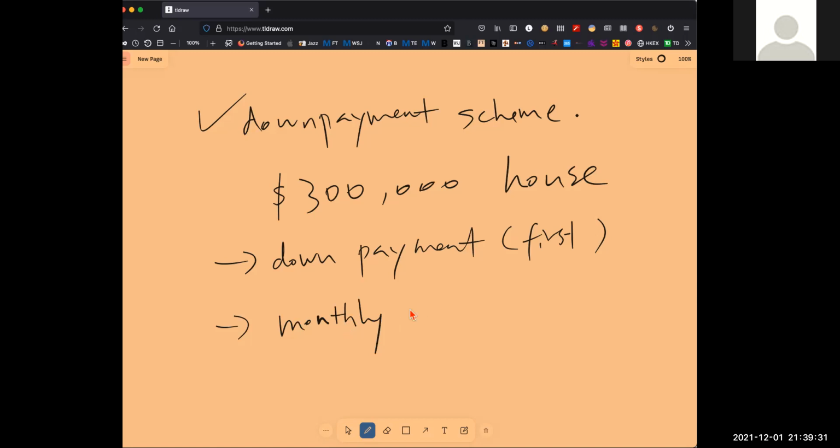These two will add up to the total cost of the house. Sometimes the monthly repayment includes the interest, right? So these two added up might be more than the 300,000 because of the interest. So that's the basic understanding of this down payment scheme.